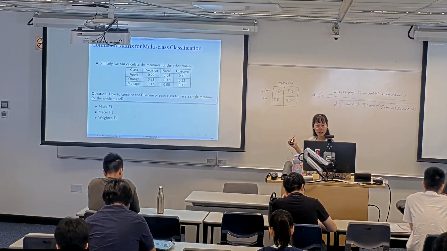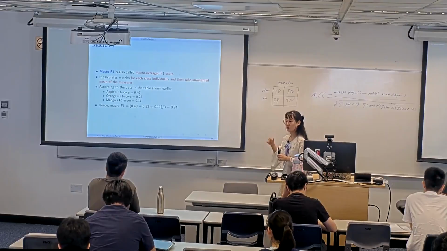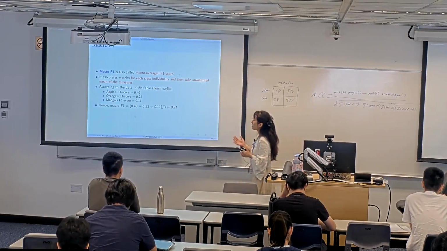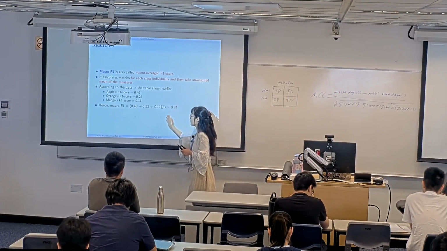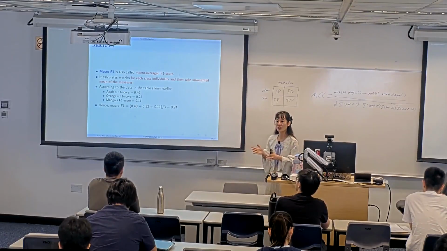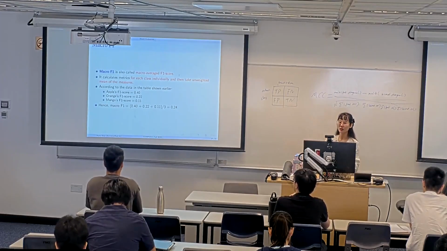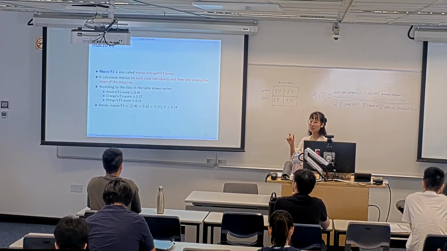Now this macro F1 gets the average of the F1 scores of these 3 individual classes. So the macro F1 will be the average of these 3, which is simply 0.24. Macro F1 is usually more commonly used than the previous micro F1 because it considers each of the single classes.